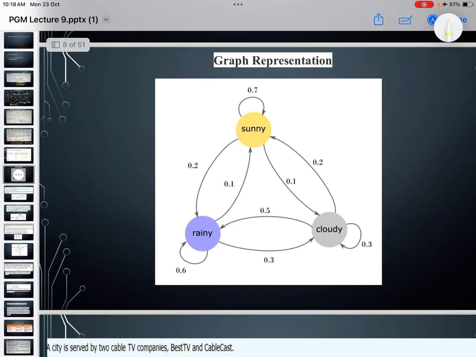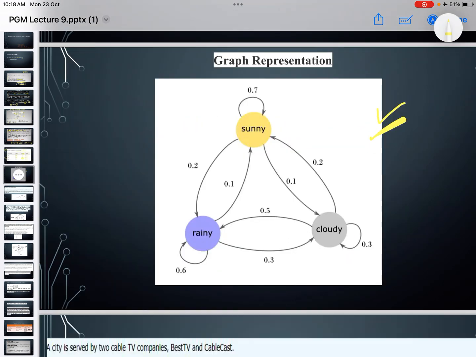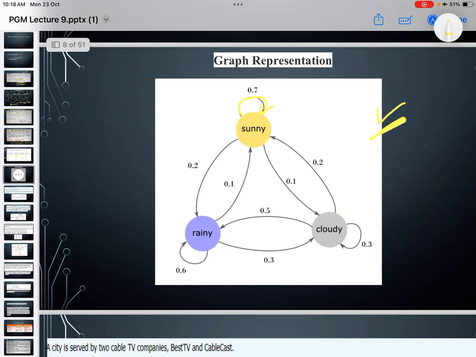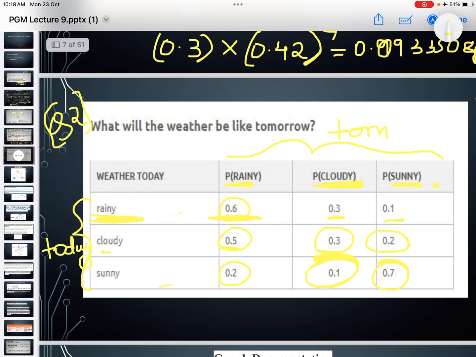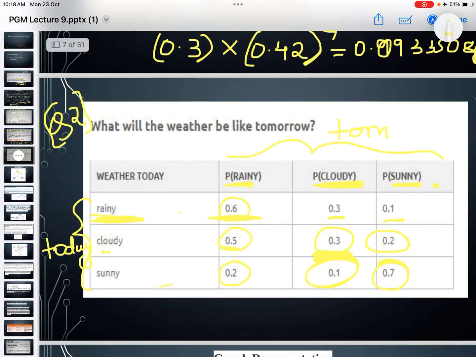So this is the graphical representation of this. Sunny, it is 0.7, so you have a self loop on sunny of 0.7. This is rainy, self loop of rainy will be 0.6. Similarly, cloudy, self loop will be 0.3, and so on. You will get the chart.